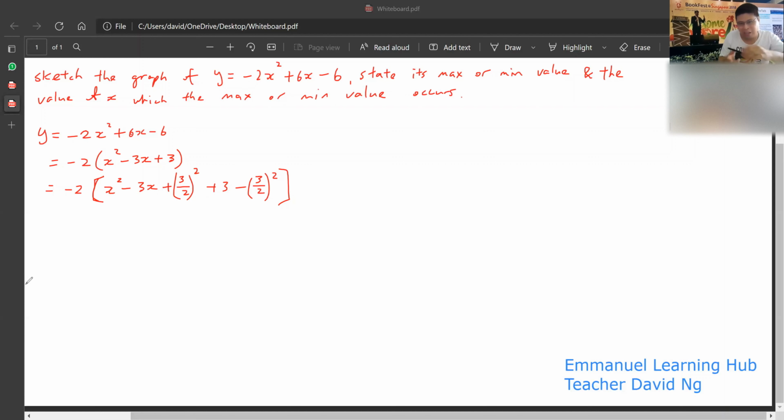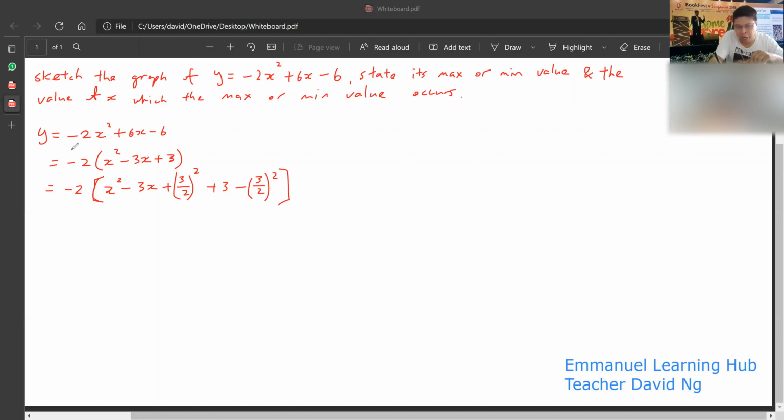Teachers may or may not tell you to take out -2 and keep your coefficient of x squared positive. These are things that I realized in secondary school, after I did so many questions, then I realized it's better to have the coefficient of x squared be positive.